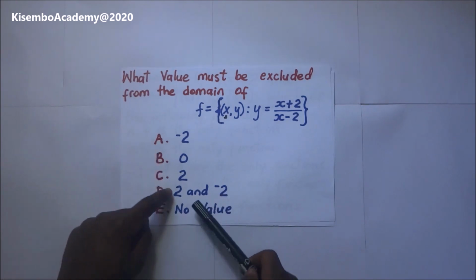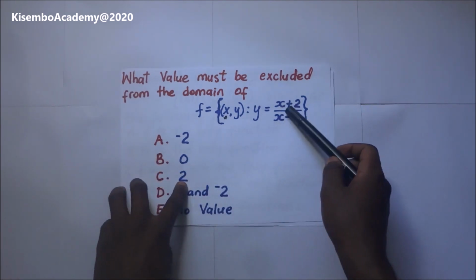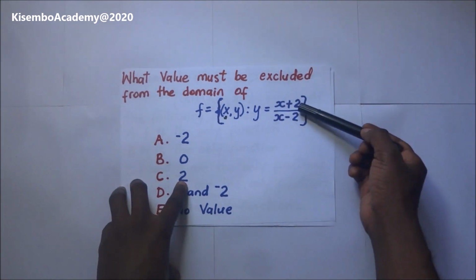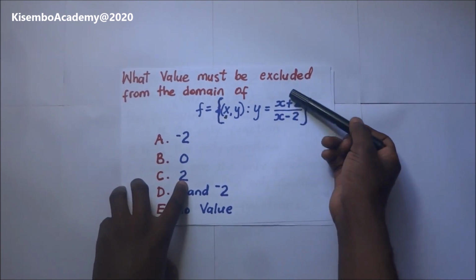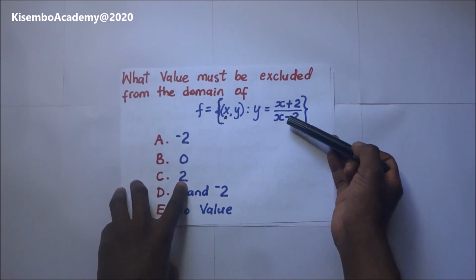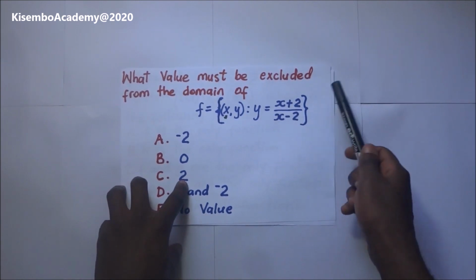Looking at part C, if we put 2 plus 2 right here, it's going to give us 4 in the numerator. In the denominator, 2 minus 2 is going to give us 0. 4 divided by 0 is going to give us a number that is not defined. Any number divided by 0 gives us an undefined number.